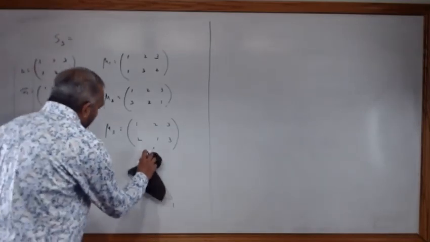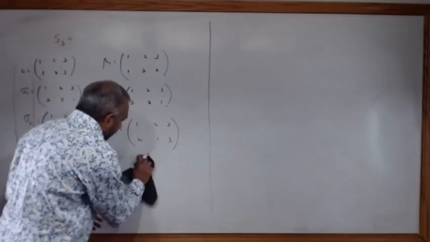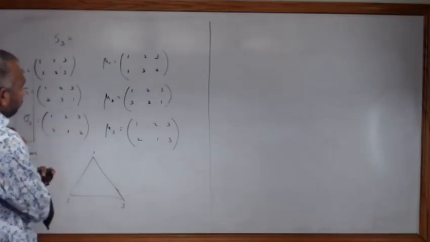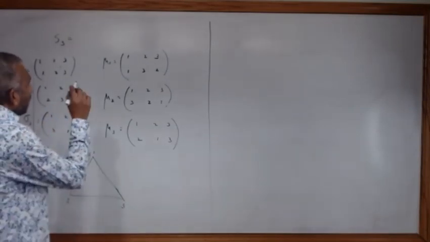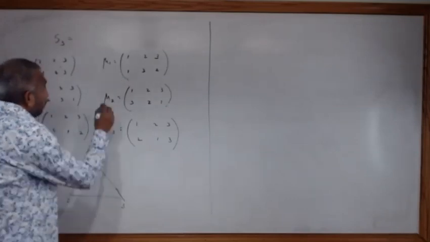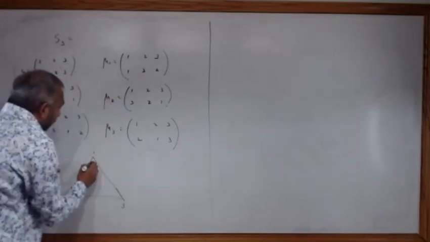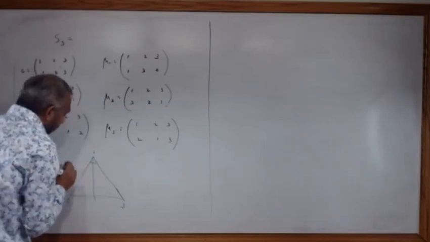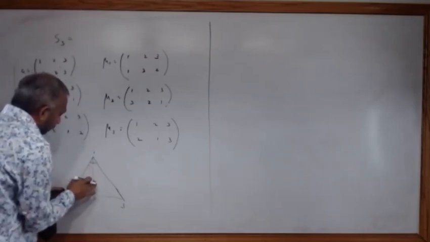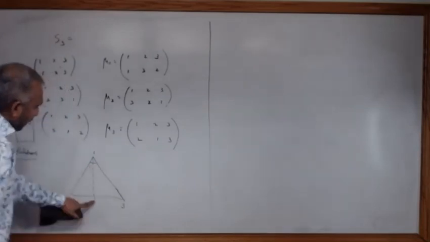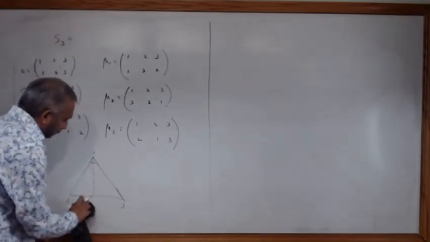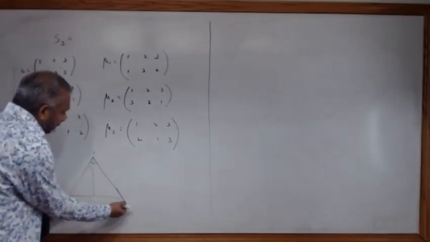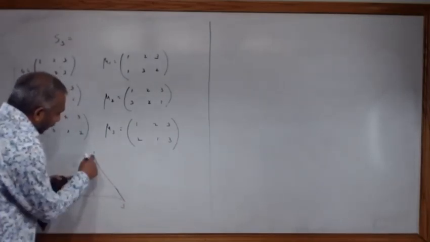But if you come here, this is different. What I'm going to do is draw the angular bisector here. This is the angular bisector of 1. Then twist it based on this.